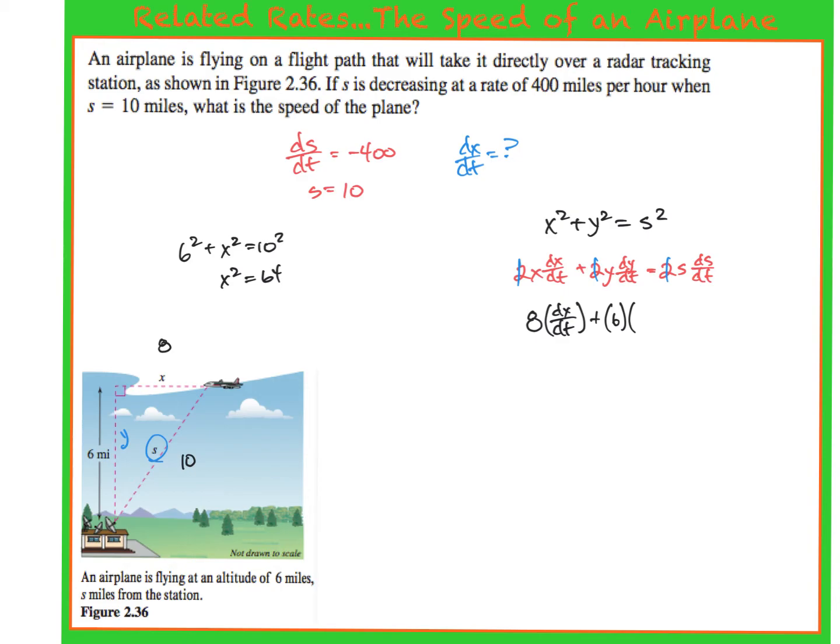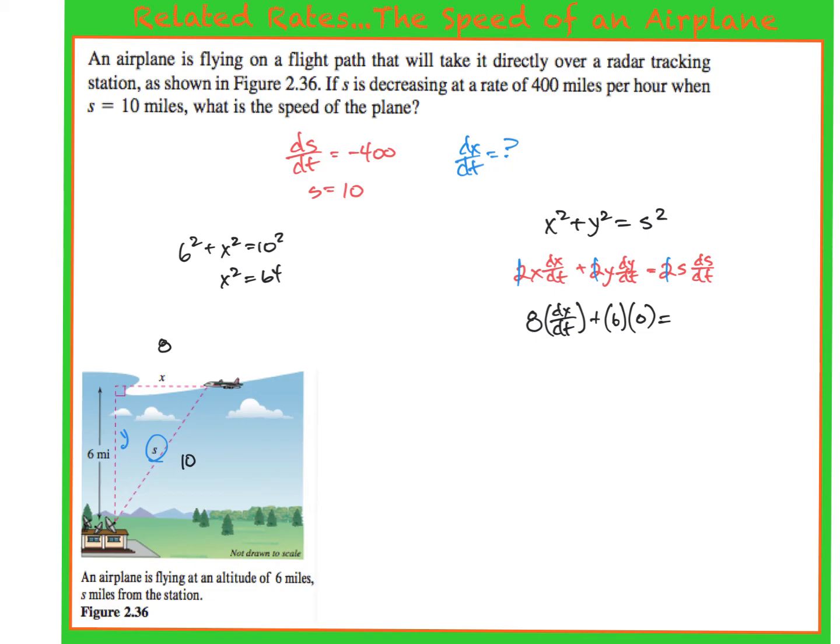What does dy dt represent? The rate at which y is changing. Is y changing here? No. So it's 0. The height of my airplane is always right at 6 miles because it said so. All right? Does that make sense? Mm-hmm. All right. So my dy dt is equal to 0.